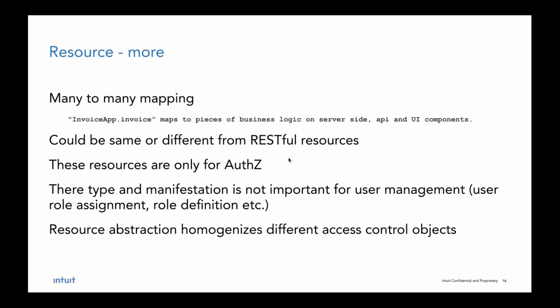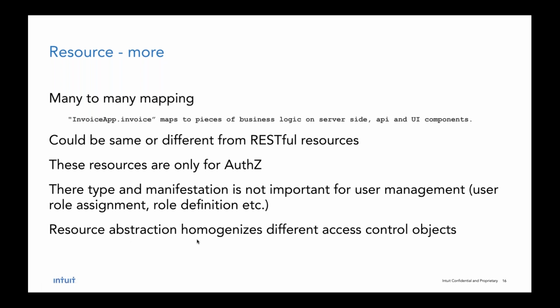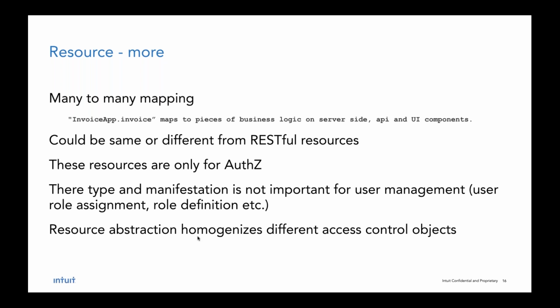They can be same or different from RESTful resources. Remember that these resources are only for authorization. The type and manifestations of this are not important for user management. And also, because we have created this abstraction of resource, we have homogenized access control across different platforms, languages, and systems. So when in an identity system we talk about resource, it gives a homogeneous treatment to different things.